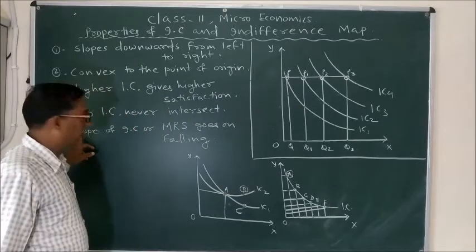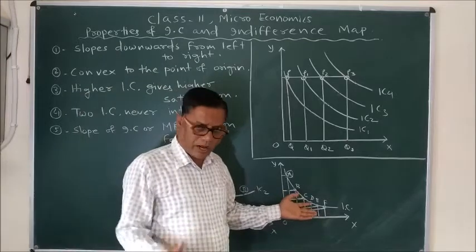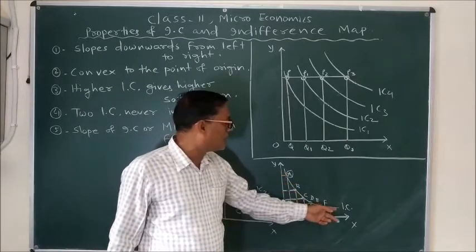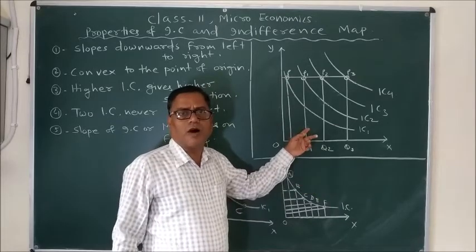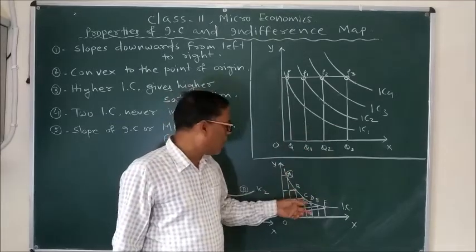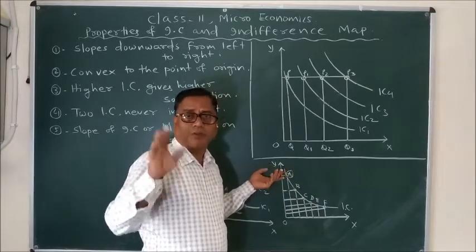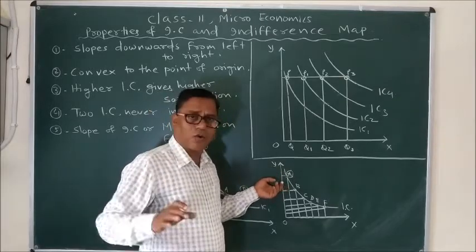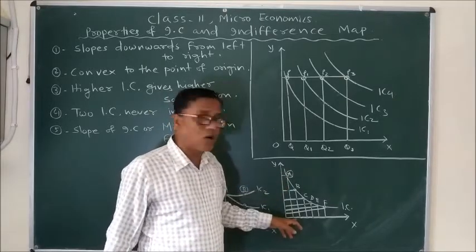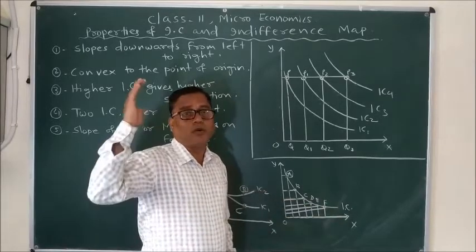And the last point is slope of IC or MRS goes on falling. I have already explained just now why the slope of IC, that is nothing but del Y by del X, a change in Y upon a change in X, falls. Because as the stock of Y decreases, the marginal utility of Y goes on rising, and as the stock of X increases in the hands of our consumer, its marginal utility goes on falling.